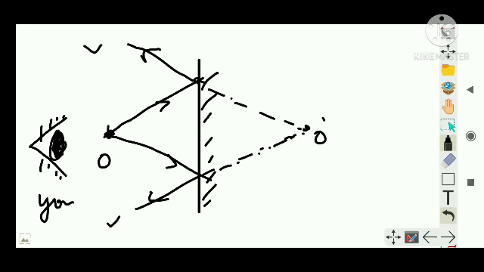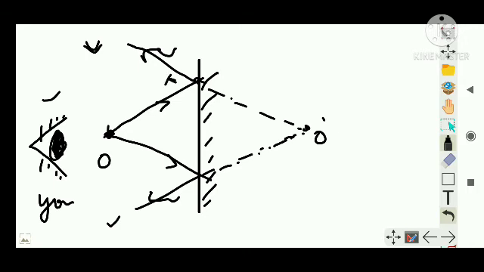These reflected rays actually never meet. You have studied that an image is formed where the reflected rays meet, and reflected rays must meet somewhere. So how can I say that the image is formed? You feel that the reflected waves are coming from there.